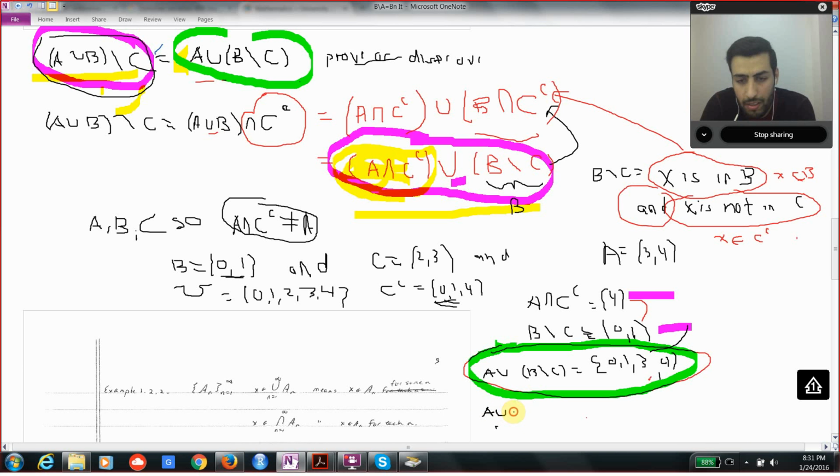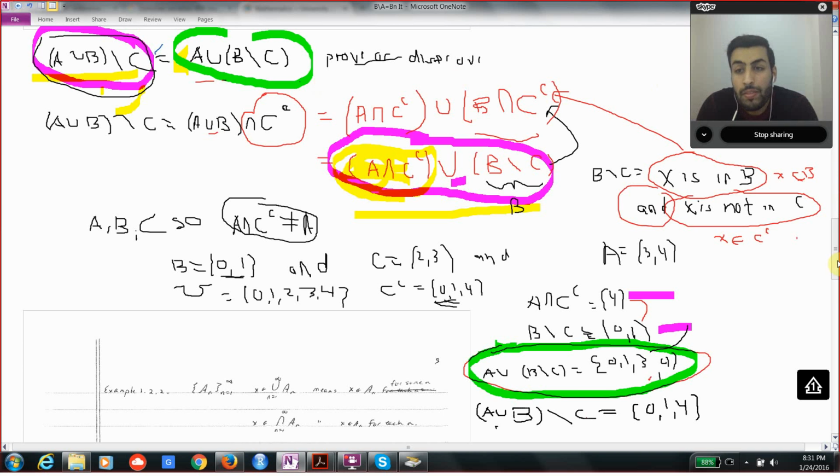So now we've proven by a counterexample that they're not the same. So the way we'd say this in mathematics is we have found a situation, a case where these are not equal, therefore this is a counterexample proving this is not true. Okay?